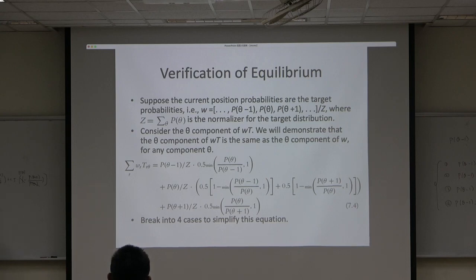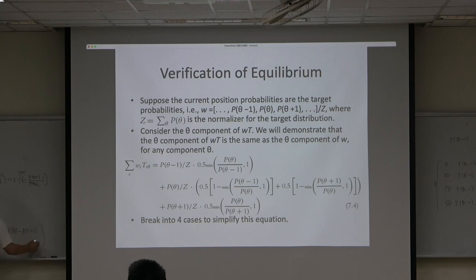And the second one, plus p of theta minus p of theta minus 1 plus p of theta minus p of theta plus 1. And then the last term we get plus p of theta plus 1.